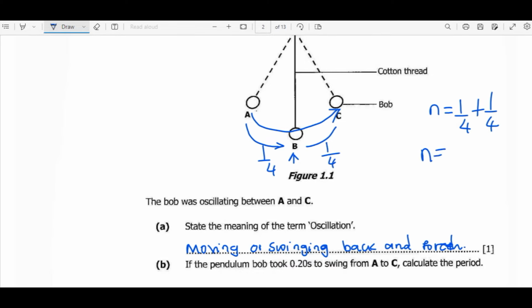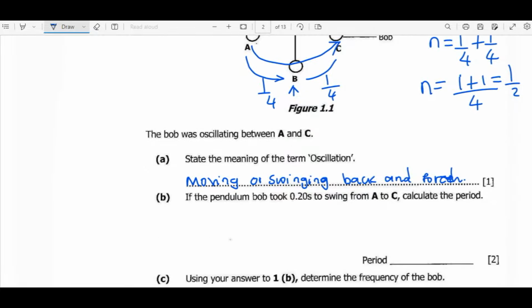If we add, we get 1/2. Or you can just commit that to memory: whenever it moves from point A to C, it is half. So the number of oscillations is half, which is 0.5.